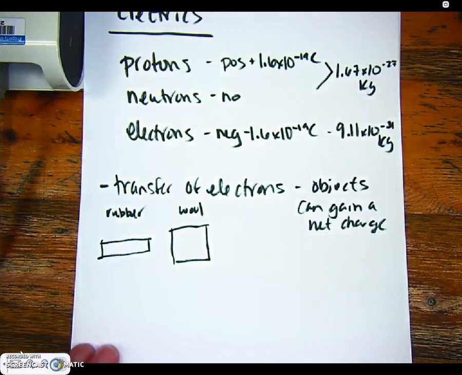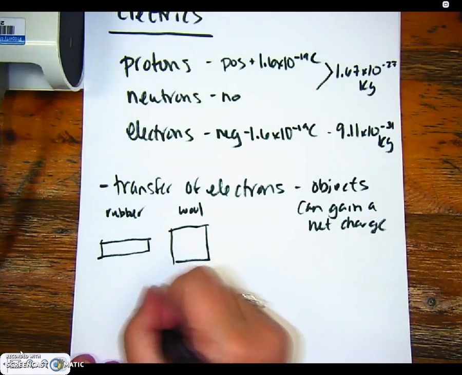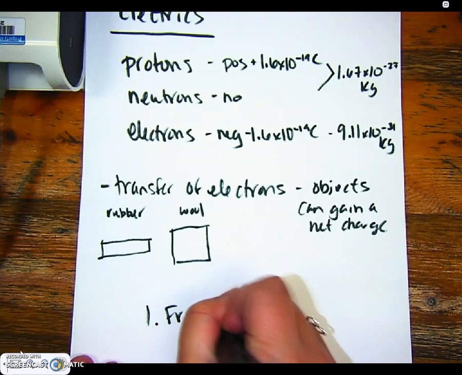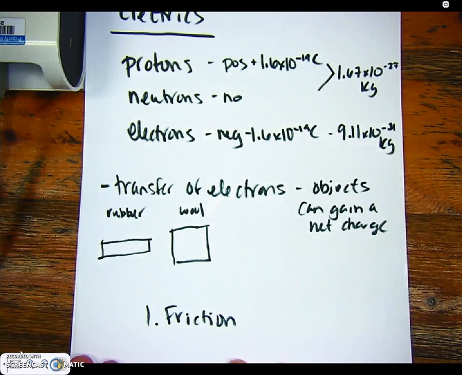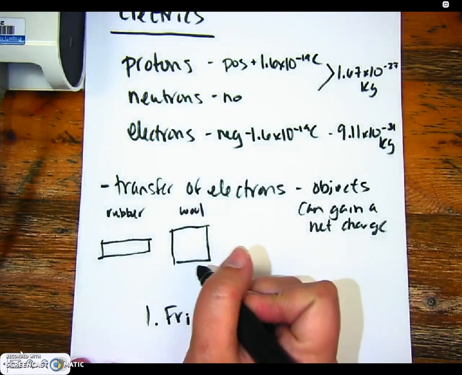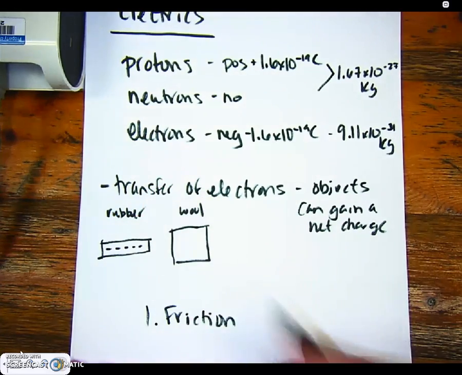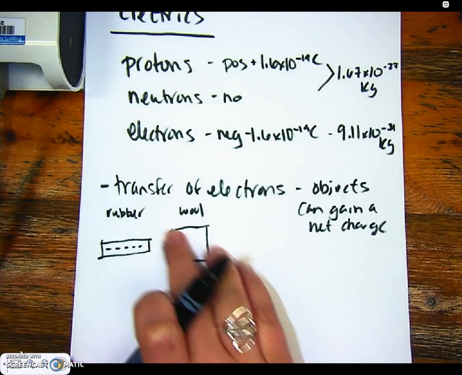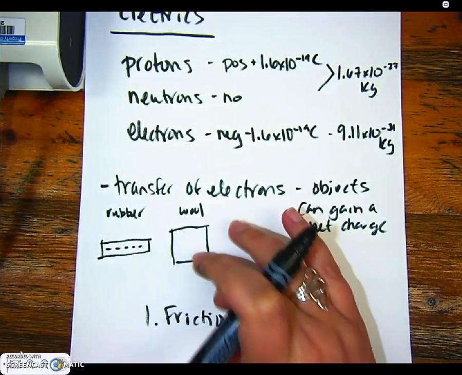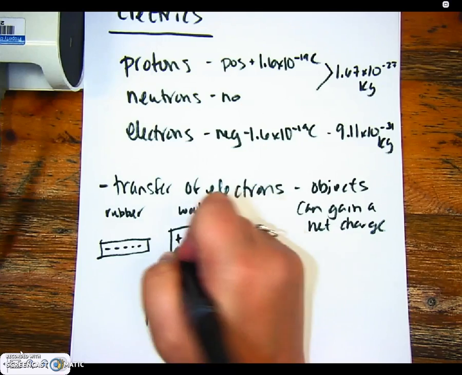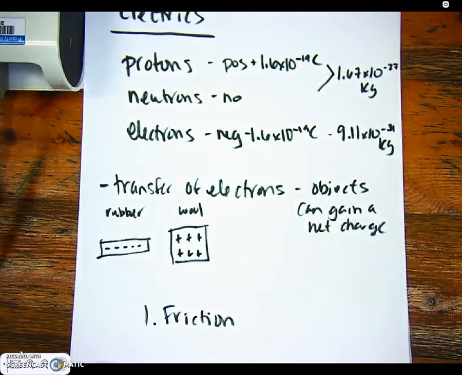But when I bring them in contact with one another and rub them against each other using friction, so this is one way charge can be transferred, the wool will lose some extra electrons to the rubber. So the rubber will pick up a negative charge, and because the wool has lost electrons to the rubber rod, the wool would be left with a net positive charge.